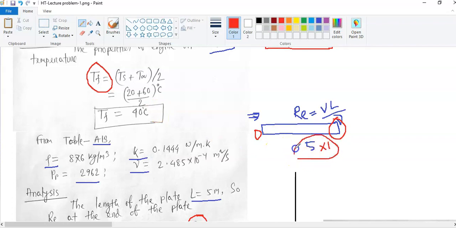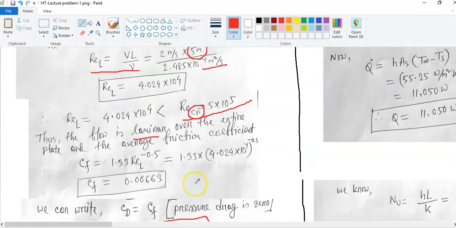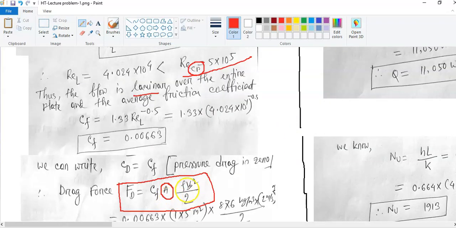So the area is 5 into 1. So that means we know the area. Density we calculated from the table. We know the velocity. So what we don't know is the friction coefficient.